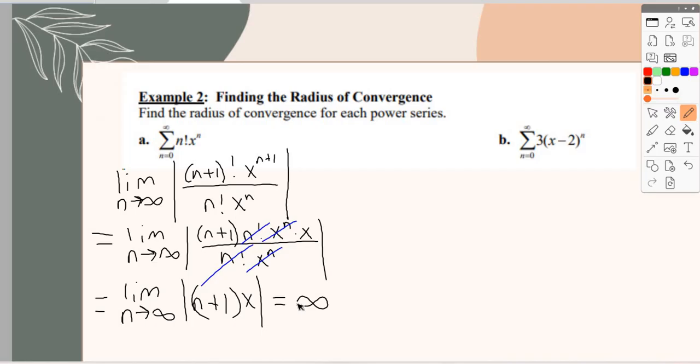No. So be careful, because we said that it's always convergent where? At my c value. What's my c value here? x equals 0. And so it will converge at x equals 0, which means that our r is 0, because it is only convergent at my c value.